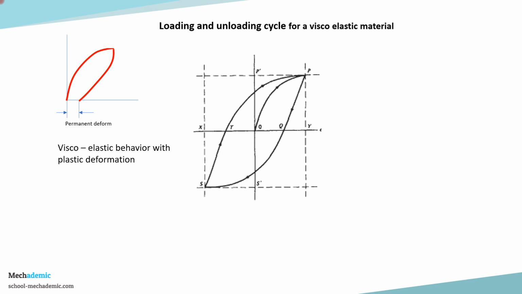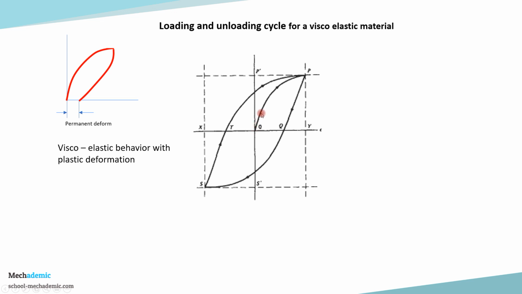So here the graph is having the deflection in the x-axis. So in the x-axis there is positive deflection, there is negative deflection, and then there is positive load towards the upside and negative load towards the downside. So it starts with the point O, which is the origin point. The loading starts.